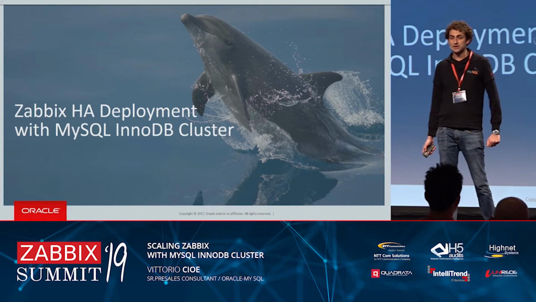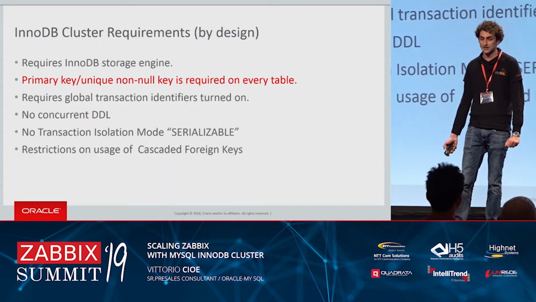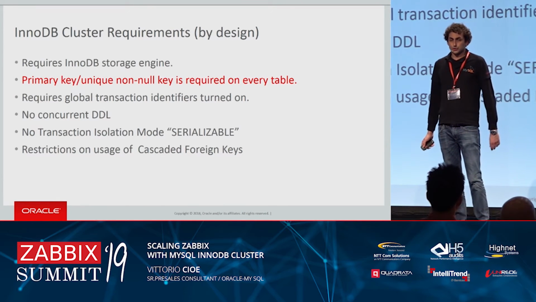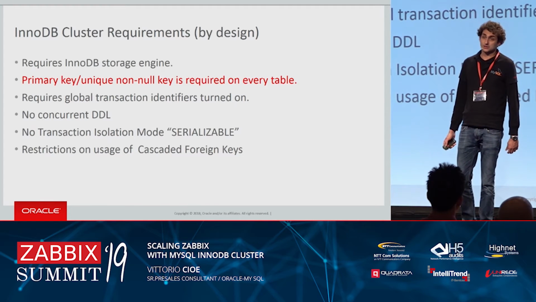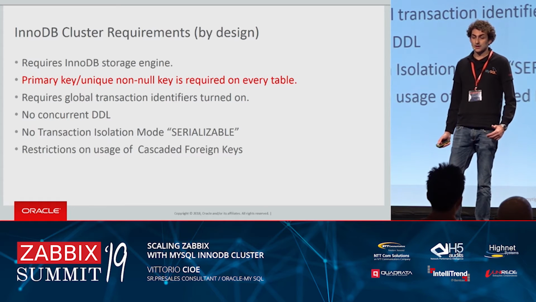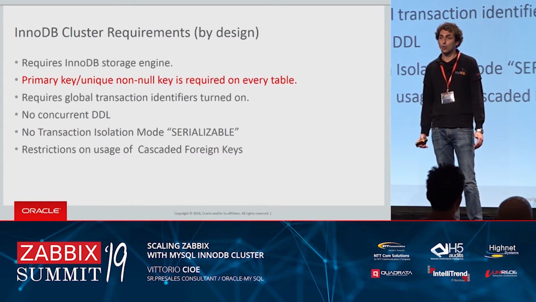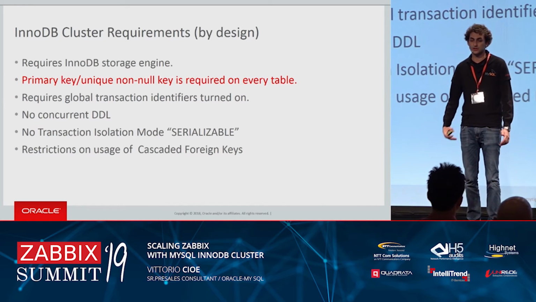Then, Zabbix HA deployment with MySQL InnoDB cluster. There are some requirements for the InnoDB cluster, which are the InnoDB storage engine, obviously, since it's called InnoDB cluster; then a primary key or a primary key equivalent, so a non-null unique index on every table.